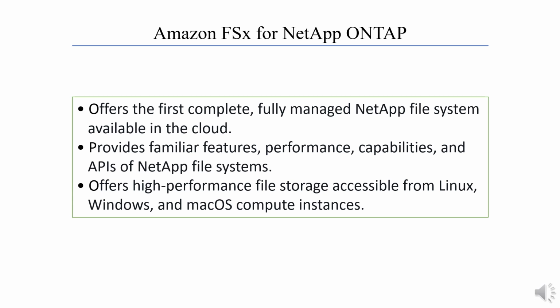With Amazon FSx for NetApp ONTAP, you get low-cost, fully elastic storage capacity with support for compression and deduplication to help you further reduce storage costs. Amazon FSx for NetApp ONTAP file systems can be deployed and managed using the AWS Management Console or NetApp Cloud Manager for seamless setup and administration.